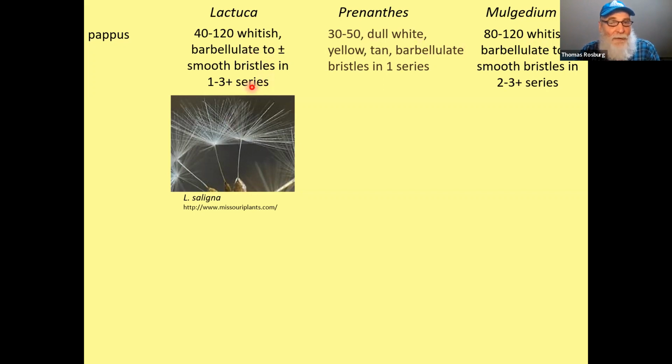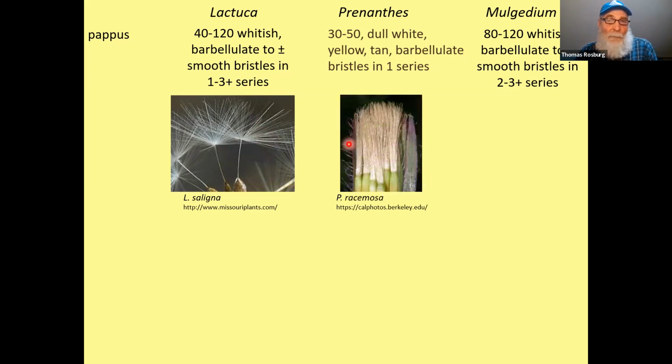The number of series, that's again the number of rows in which the bristles in the pappus are present. What we see here again is there is a difference between Lactuca and Prenanthes. Prenanthes are at the best dull white. There's usually some shading of yellowish or tan or orange brown coloration.